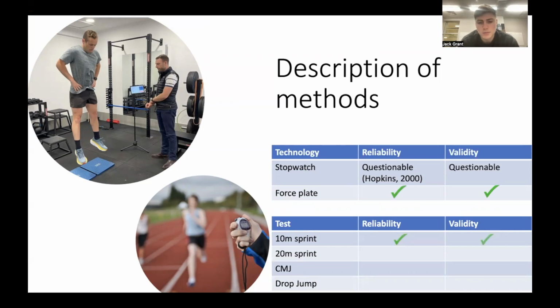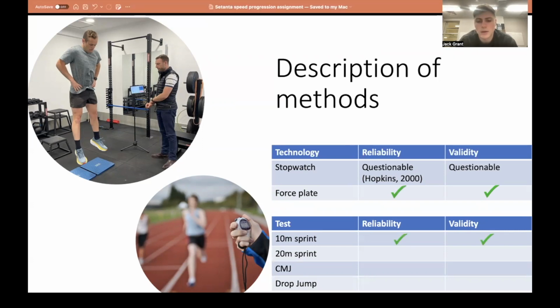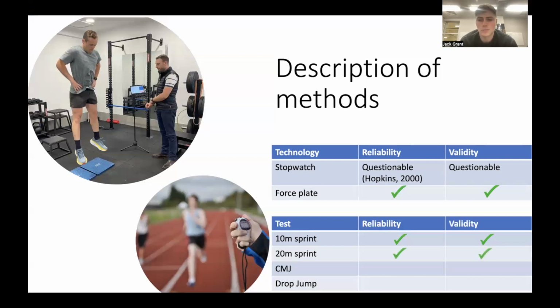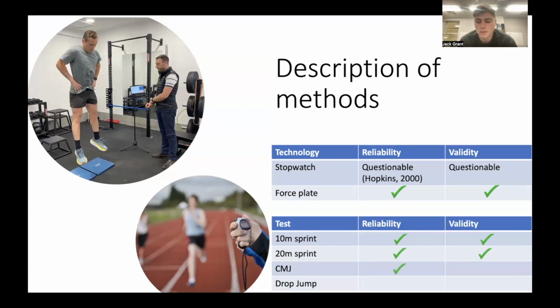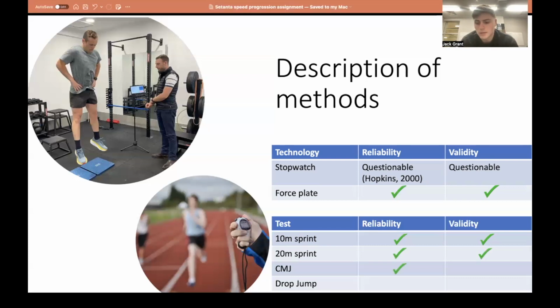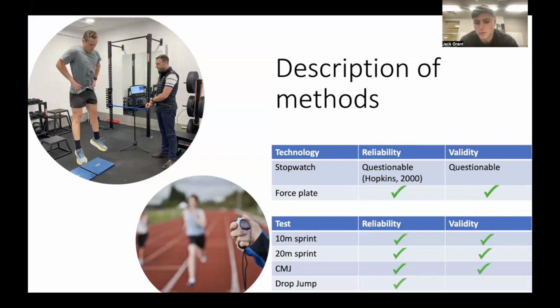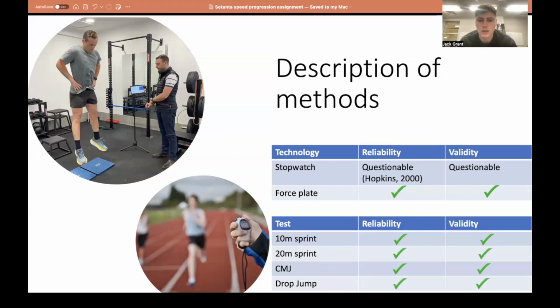So the 10-meter sprint was also very accurate, and it captured that initial 10-meter acceleration phase, while the 20-meter sprint was also reliable and consistent, and it caught that more maximal sprinting phase and that outcome variable in comparison to the 10-meter sprint catching that key dependent variable. Another key dependent variable was our CMJ with consistent results, capturing that force production, and our drop jump capturing that more reactive force production under that high eccentric load from that drop.